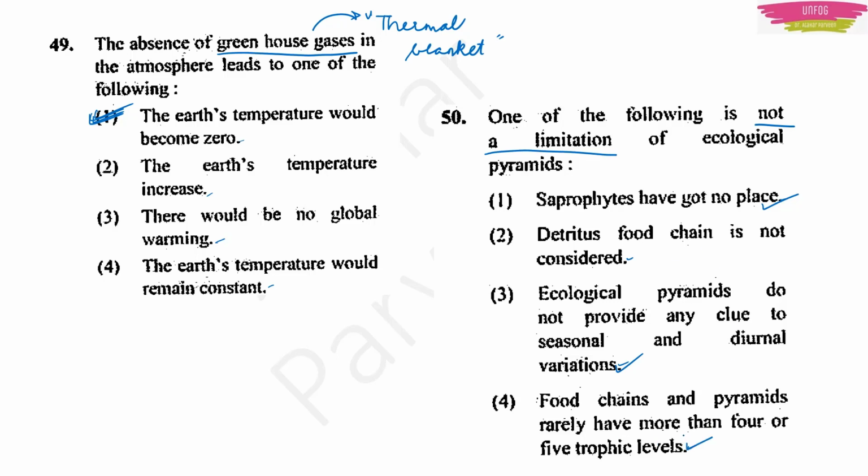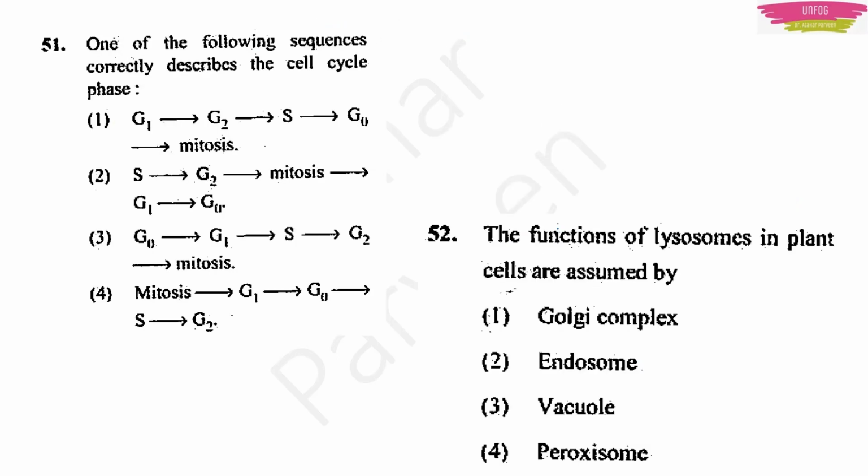These points are actually the limitations of ecological pyramids. The second option, which is detritus food chain is not considered, is not a limitation of ecological pyramids. Any type of food chain can be represented in the form of an ecological pyramid. And so option 2 is the right answer.